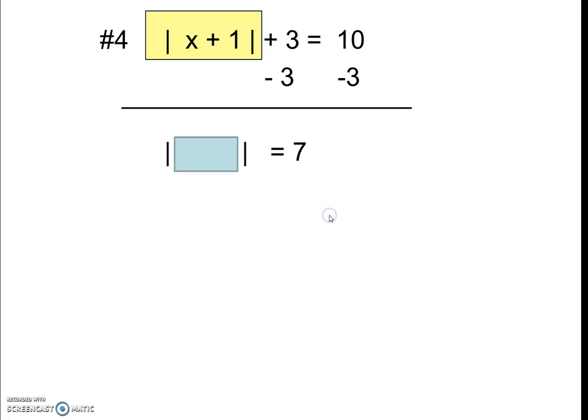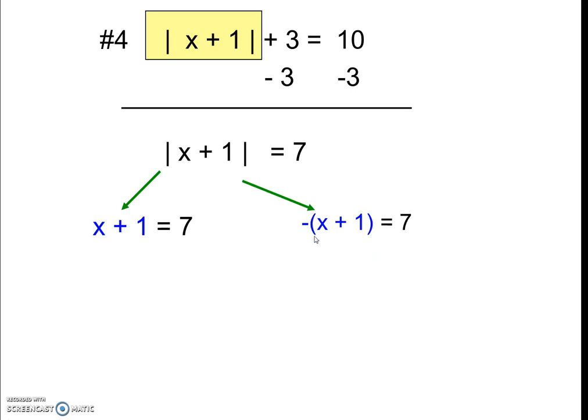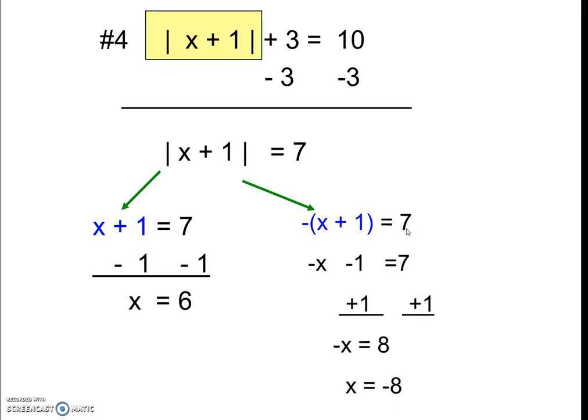Now what do I do with that? Oh yeah, I have to have a positive. I have to have a negative. Let me think. All right, I'm ready to write my equations. X plus 1 equals 7. There's my positive equation. Negative x plus 1. That's my negative equation. And now I'm going to solve.